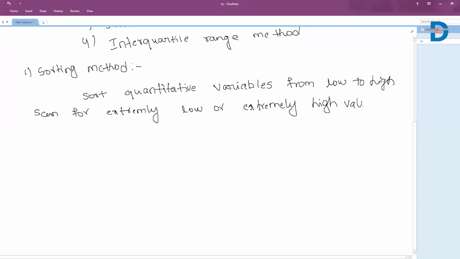So we can sort from low to high and scan for the extreme low or extremely high values. This is with the help of the sort method.